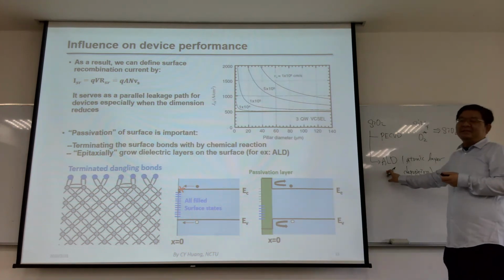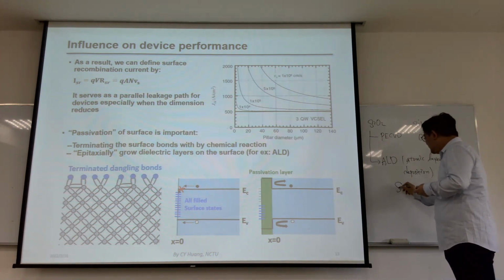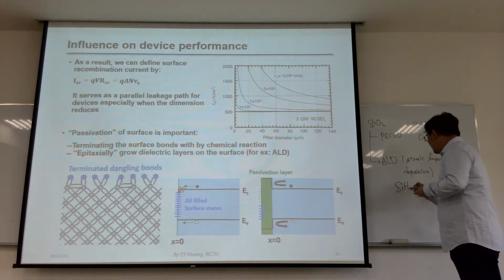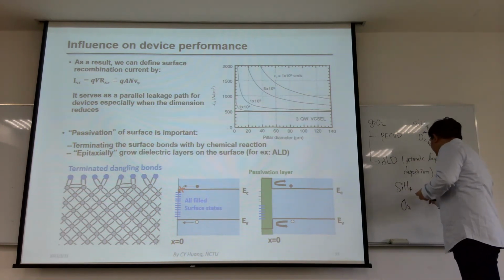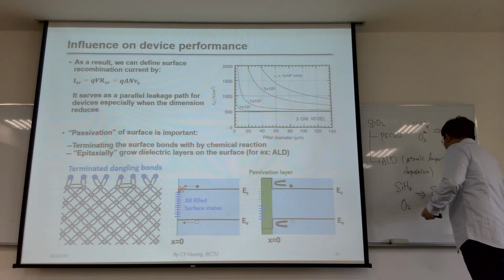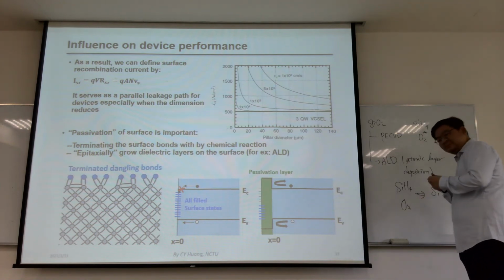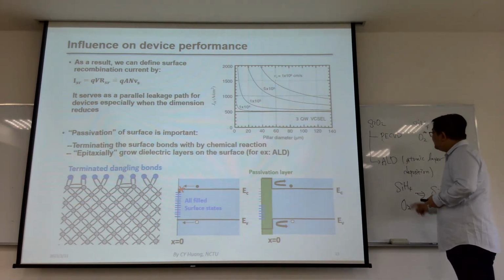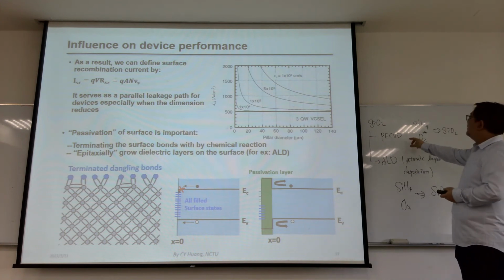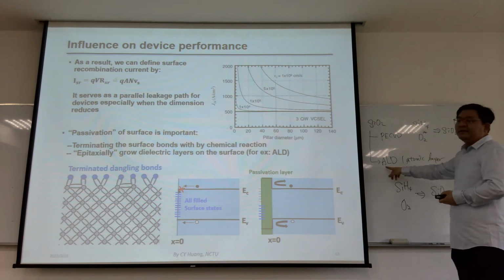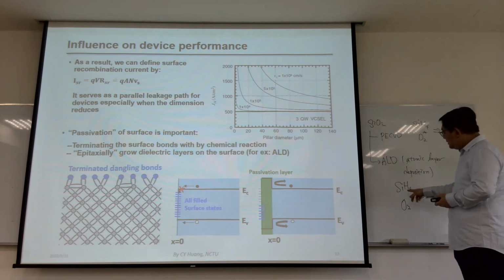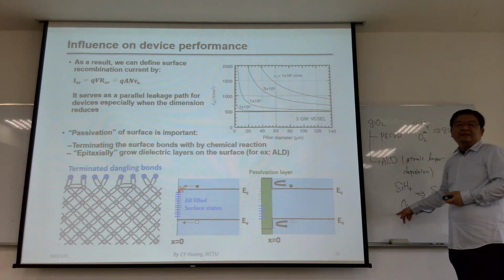Atomic layer deposition also flows silane and O2 plasma into your chamber to form SiO2. But the difference is that in PECVD, we flow these two gases at the same time, but in ALD, we flow these two gases one at a time.